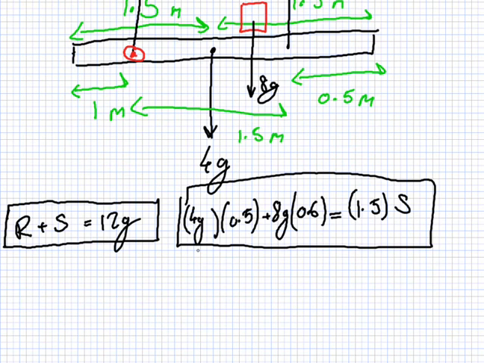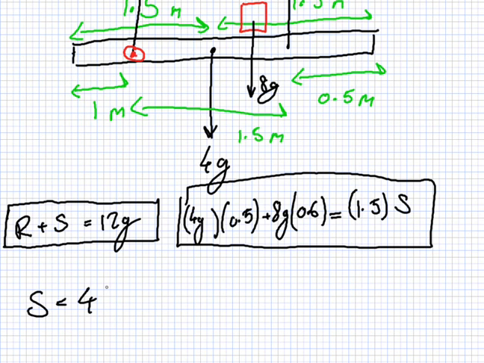4 times 9.81 times 0.5 plus 8 times 9.81 times 0.6, divided by 1.5.